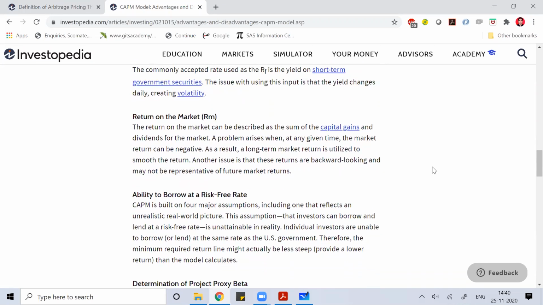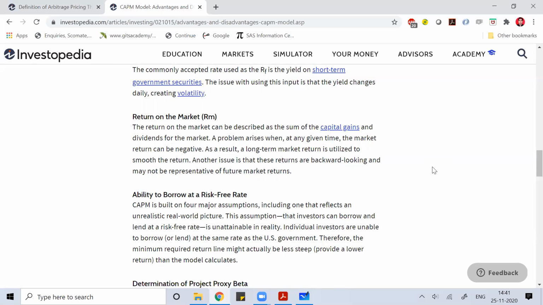Then the other drawback of the CAPM model is the ability to borrow at the risk-free rate. The CAPM model is built on a major assumption that reflects an unrealistic real-world picture: that the investor can borrow and lend at the risk-free rate. This is far from reality, because in reality you cannot borrow or lend at the RF, since every individual and every company has different risk factors.